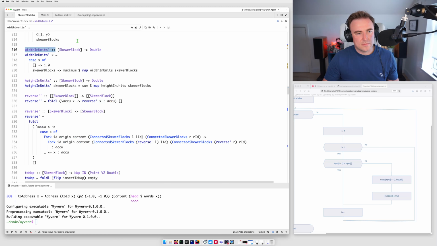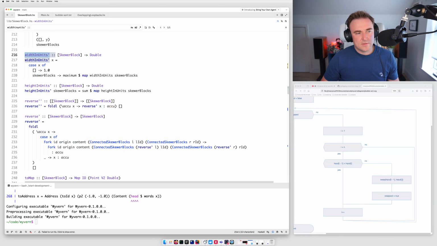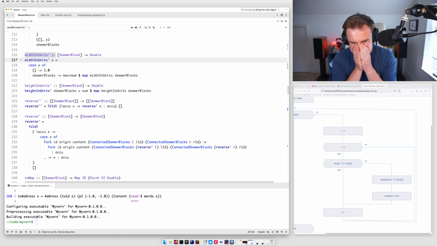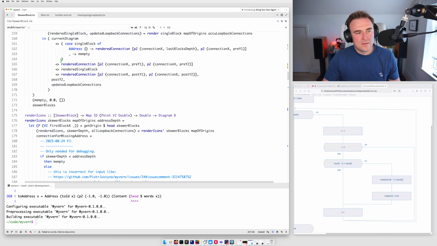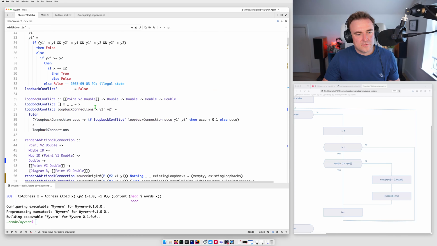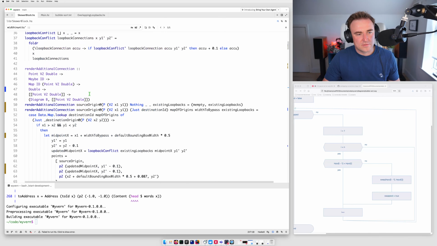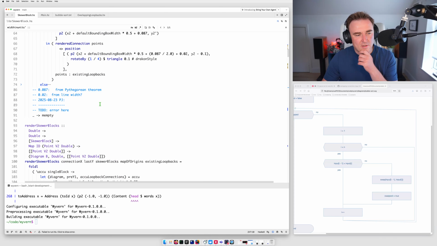Oh, so we already have that, which means that in this function, render additional connection. No, we still have it. We still need it.